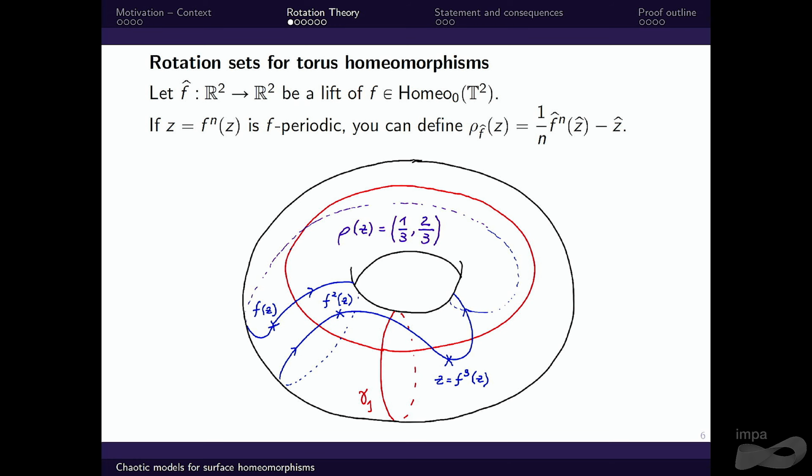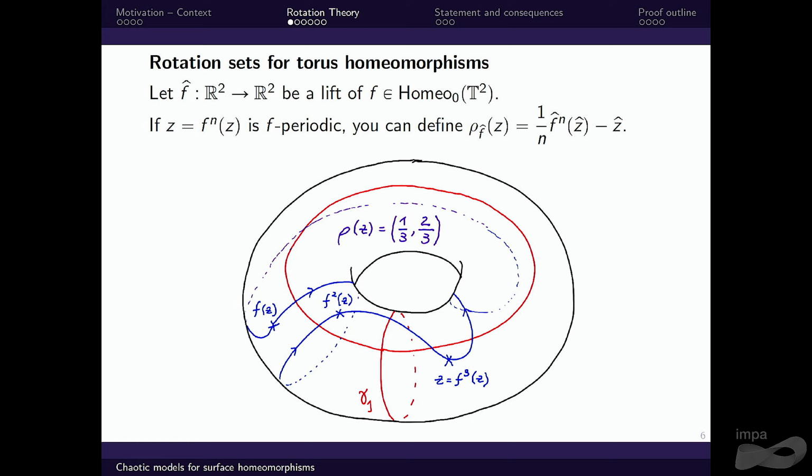So imagine that you have, it's like this. So you have your periodic point of period 3. And what is the rotation vector of that periodic orbit? Basically you have to count how many times I cross the horizontal red line and how many times I cross the vertical red line, with sign. Okay, so the algebraic intersection.